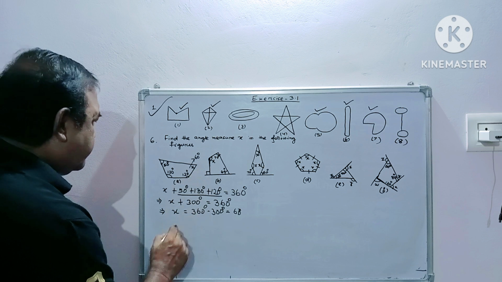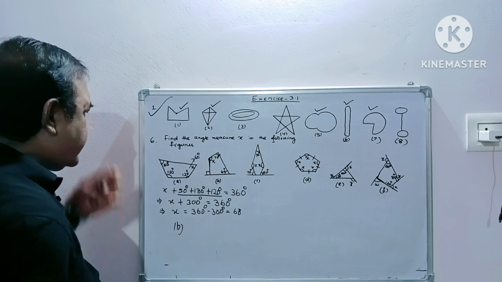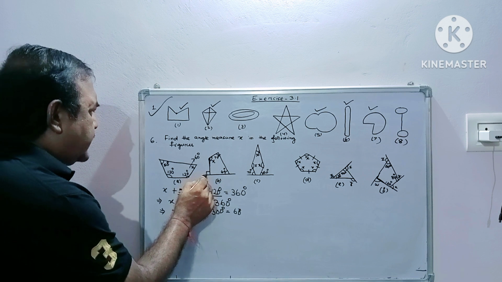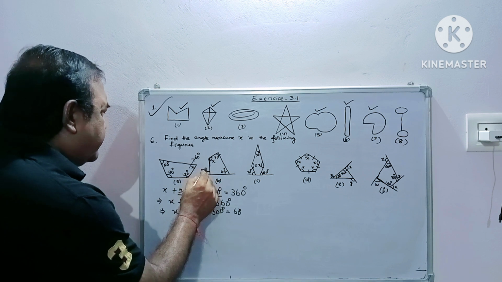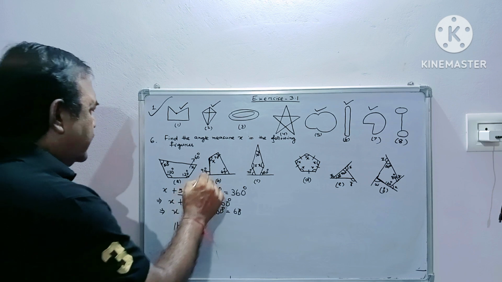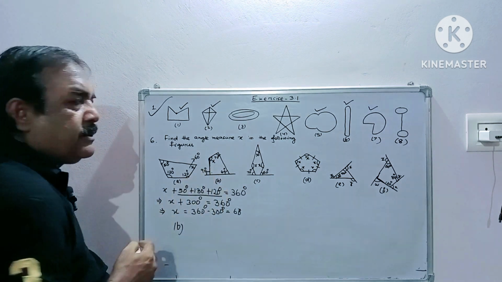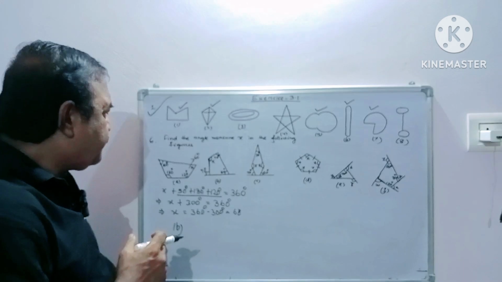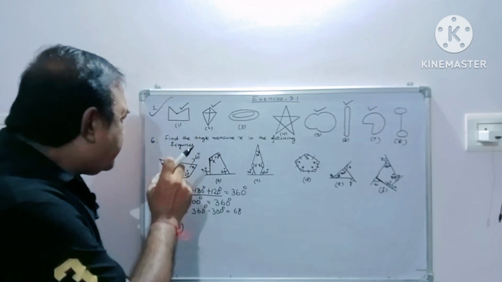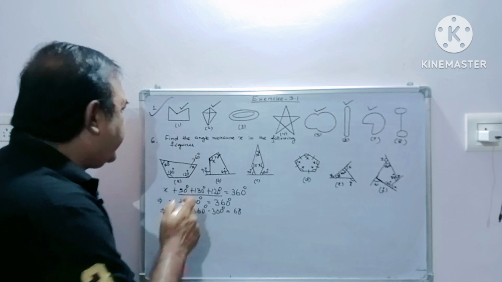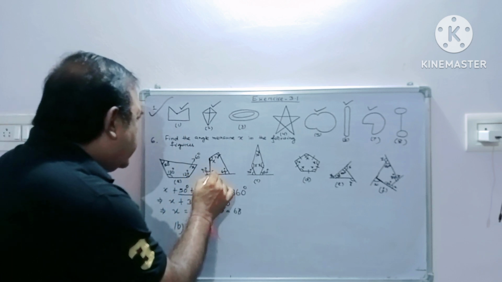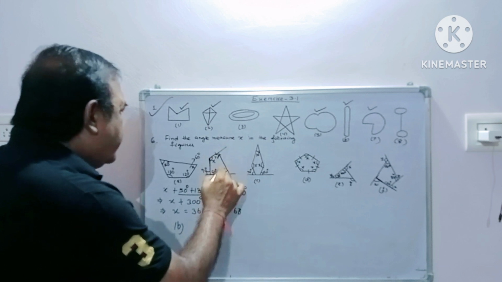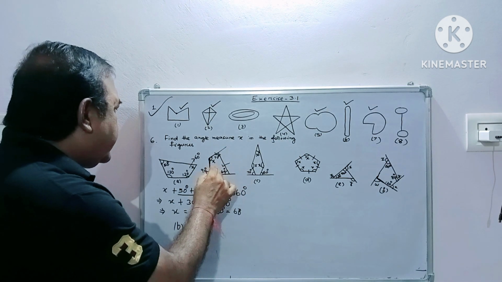Then come to B. What happens here? You see this symbol, that means this angle is 90 degrees. So this angle and this angle are a linear pair of angles, so the sum of the measures of the two angles will be 180 degrees. If this is 90 degrees, then this is also 90 degrees. And already we have here 70 degrees, 60 degrees, then 90 degrees.